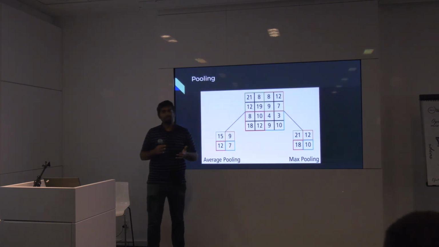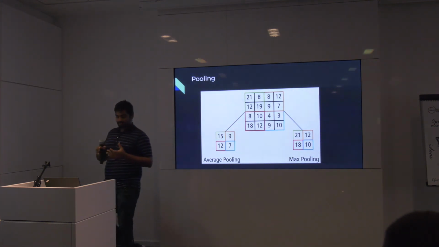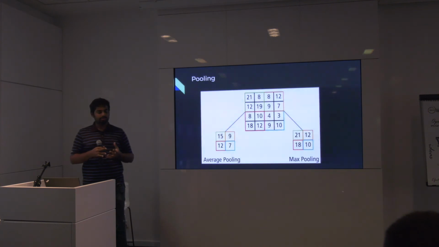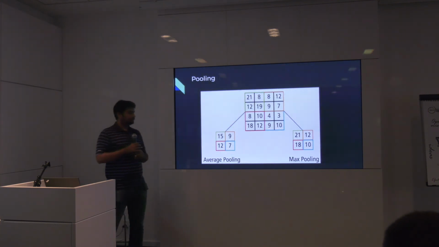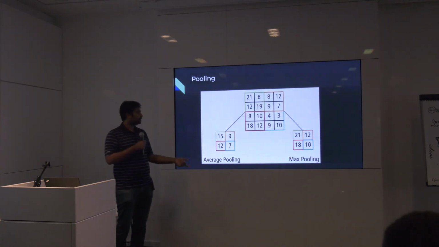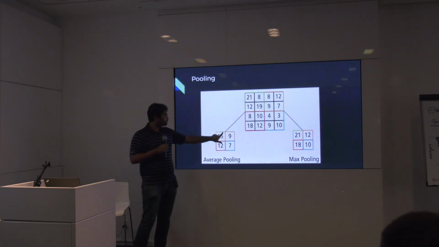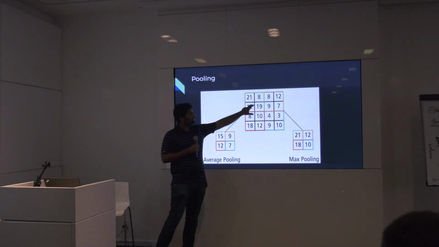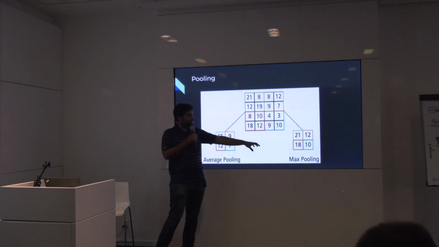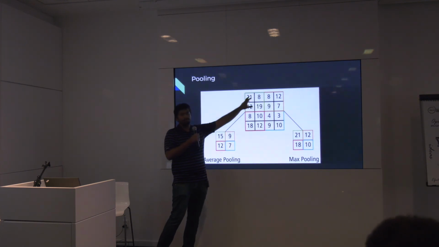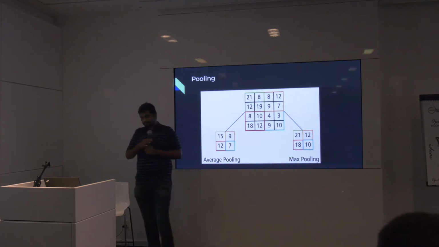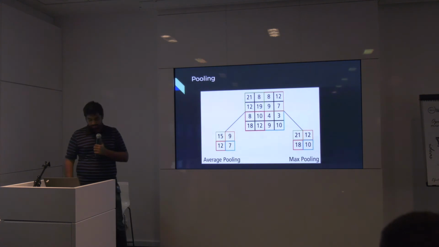You take a subset of the dimensions and you get a summary. The two commonly used pooling methods are average pooling and max pooling. Average is, for a 2 cross 2 grid, you take an average of these numbers, and in max pooling you just take the max of the 4 numbers here. That's simply what pooling is.